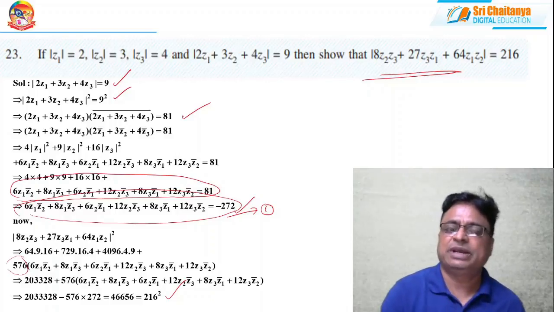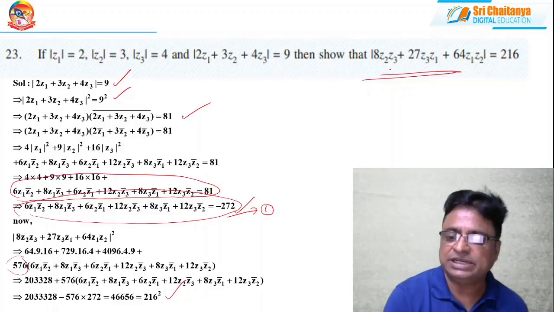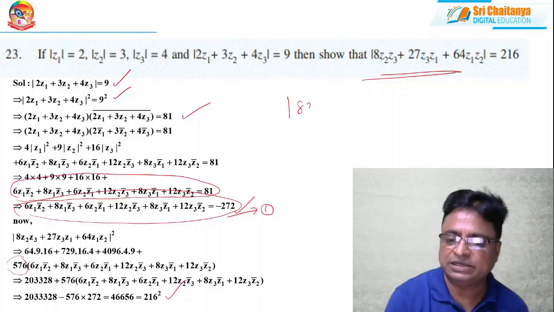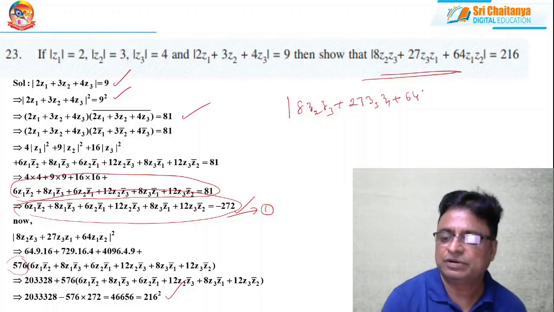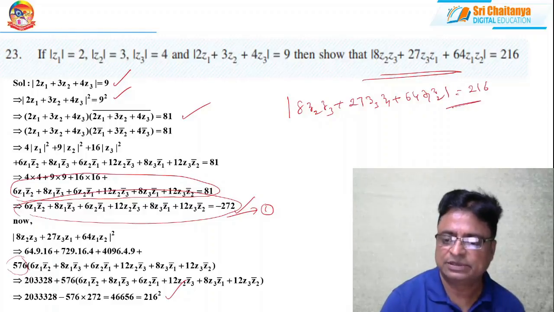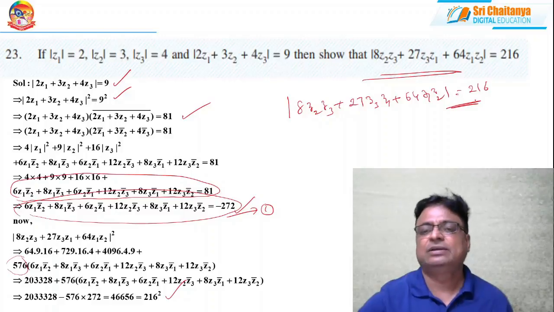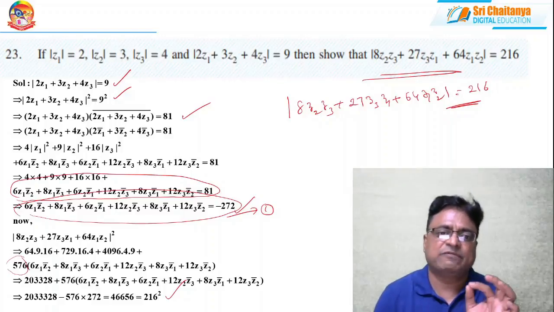So what would be my mod of 8 z2 z3 plus 27 z3 z1 plus 64 z1 z2? Obviously, that is 216. So only thing is, no doubt, this is a somewhat lengthy problem.